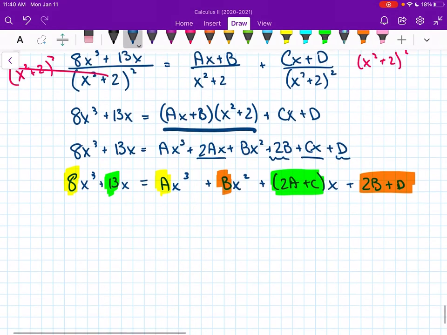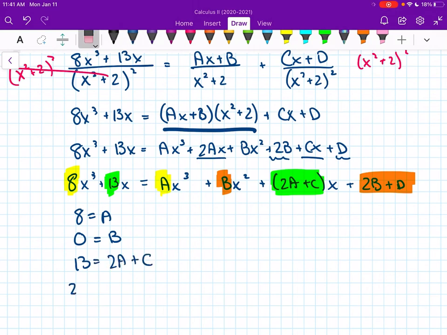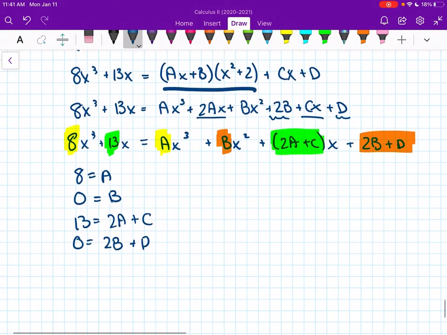So we have 8 equals a, we have 0 equals b, and we have 13 equals 2a plus c, and 0 equals 2b plus d.